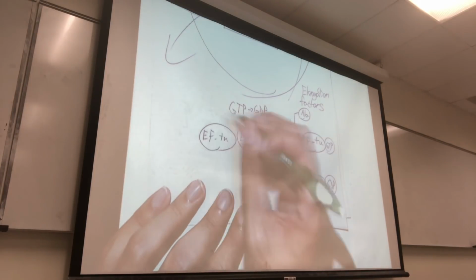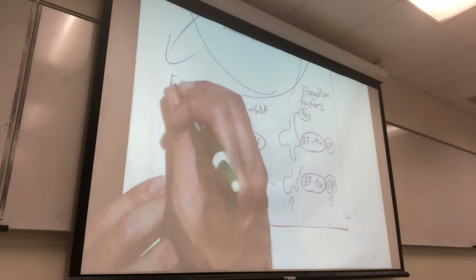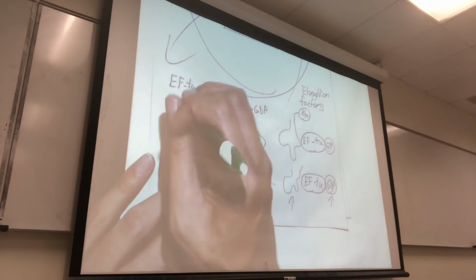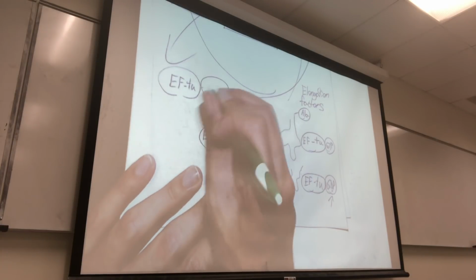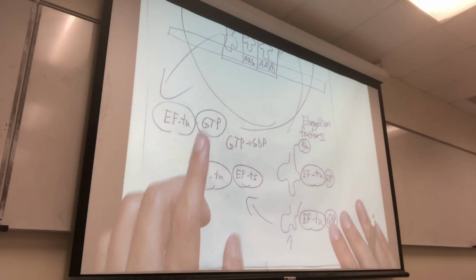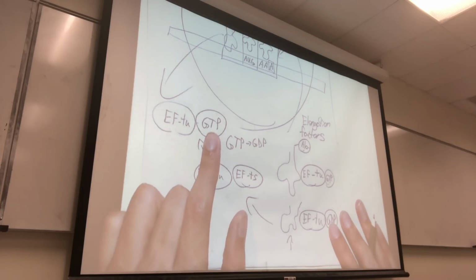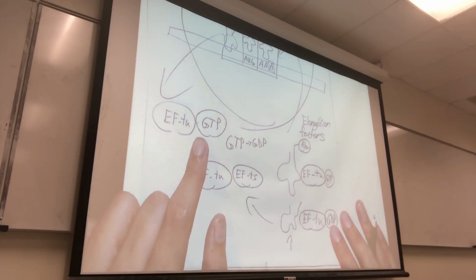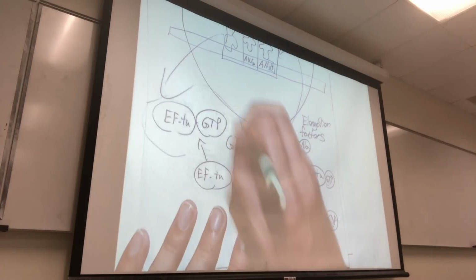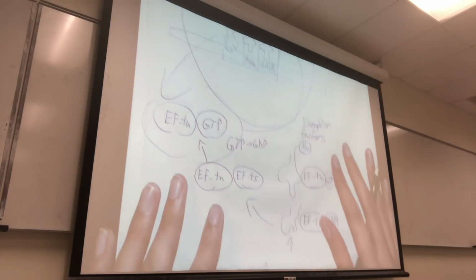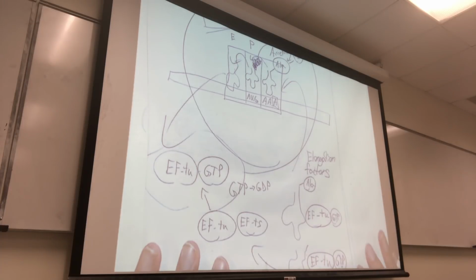And almost immediately, the elongation factor Ts gets replaced by fresh GTP. All right? So there is no way to go straight from GDP to GTP. You have to go through this intermediate step where GDP is replaced by elongation factor Ts, and that one is replaced by GTP. Now that you have this, it's going to go find a nice new tRNA to bind to and bring that tRNA into the acceptor site.